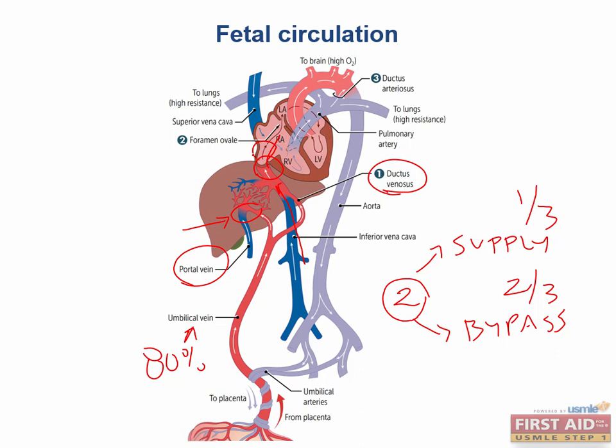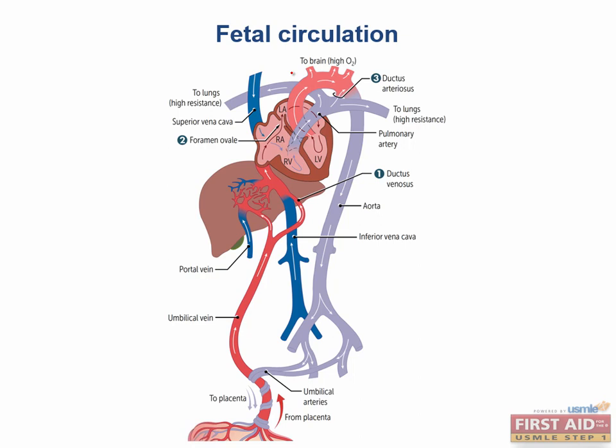There's actually a small piece of tissue sitting in the right atrium that guides blood flowing from the IVC to the foramen ovale so that it can go from the right atrium into the left atrium. This blood needs to enter the aorta so it can feed the great vessels up here. The great vessels supply the most important organ, the brain. So why are all of these flow arrows necessary on this diagram?